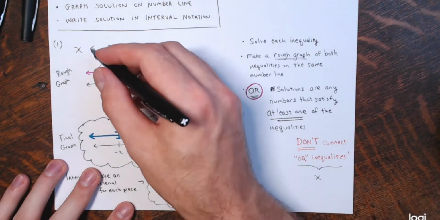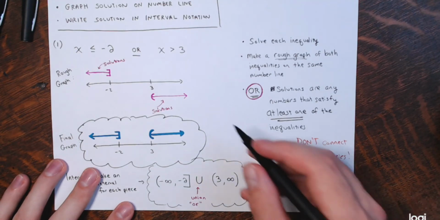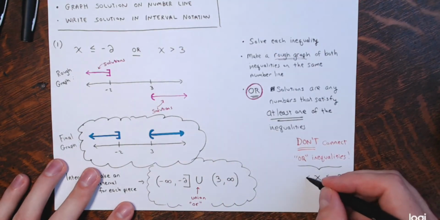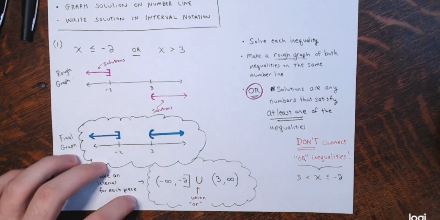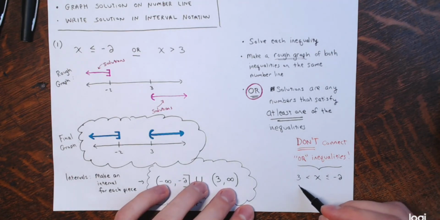And x is less than or equal to negative 2, and then x is greater than 3. And people want to write that, putting both of these together as one. Don't do this, especially with these or inequalities. This doesn't make any sense. This here is nonsense.